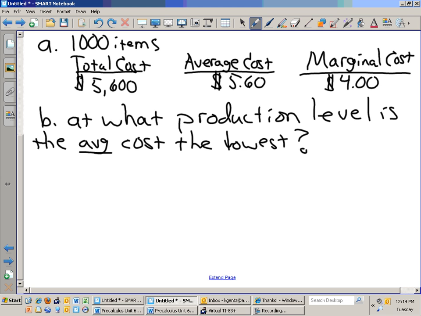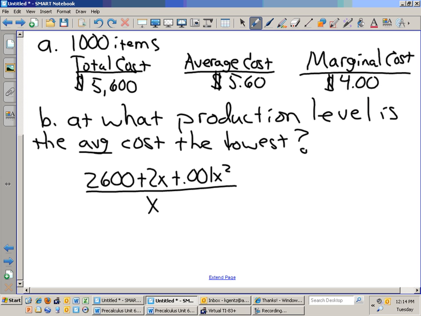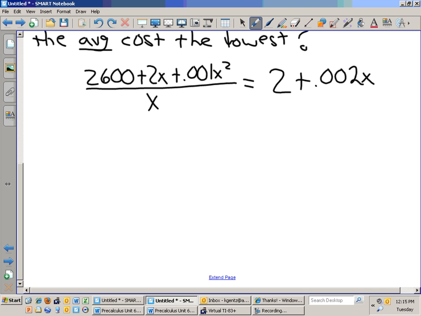My average cost function is what? 2,600 plus 2x over x equals, what's my marginal cost function? 2 plus 0.001x. Oops, sorry. I need to solve that. That will tell me when the average cost is going to be the lowest.